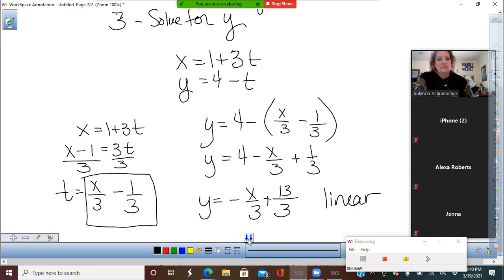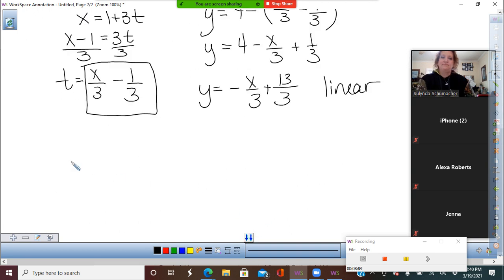All right, so example number 2 then. This is actually what you are doing for numbers 11 through 21.